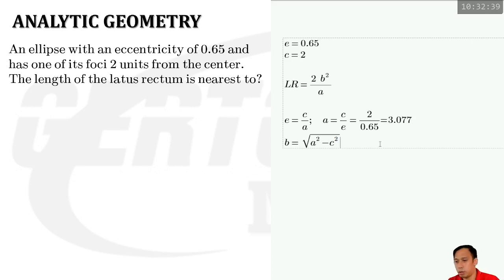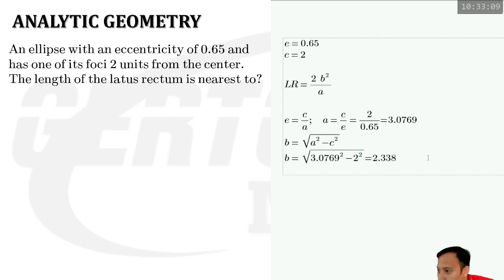So, yung B is equal to, yung A is 3.0769 squared, para mas accurate, then minus 2 squared. So, B is 2.338.